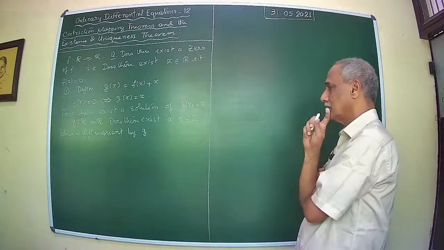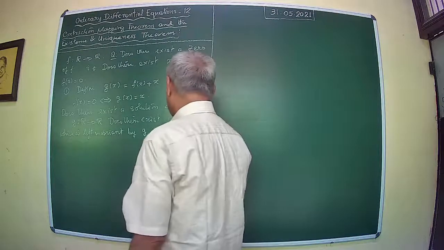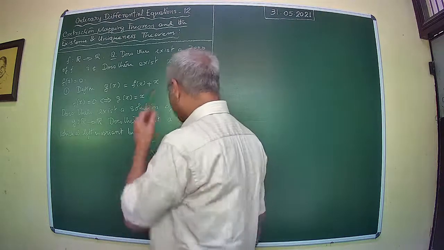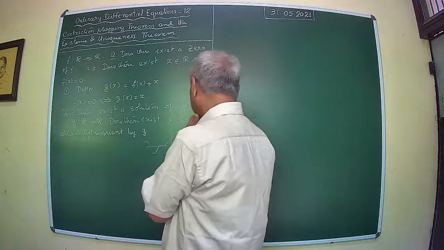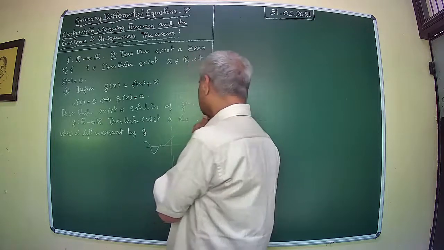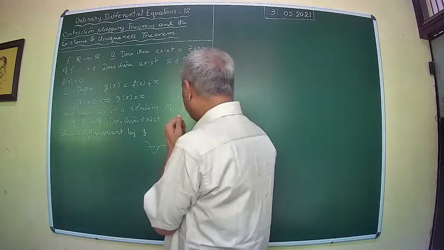Okay? Or if you look at this problem in the form of a graph, suppose you draw the graph of this function, something like this. Then what is this problem? Suppose this is y equal to g(x), or x, g(x) we are plotting. Now you see that y equal to x you plot.